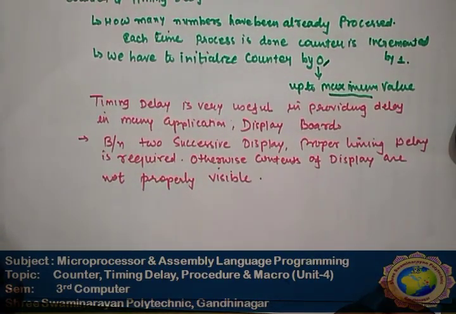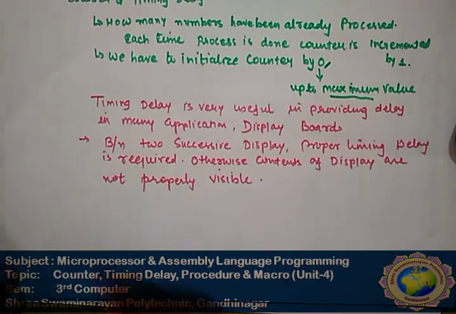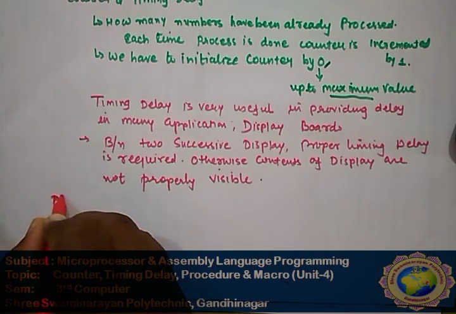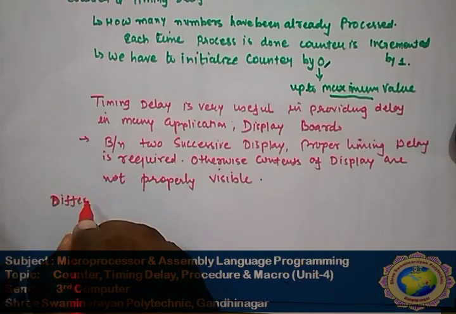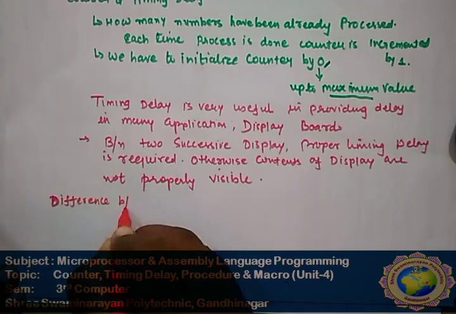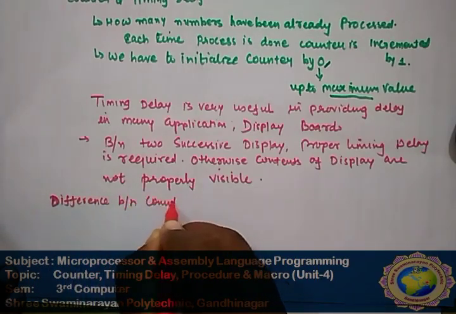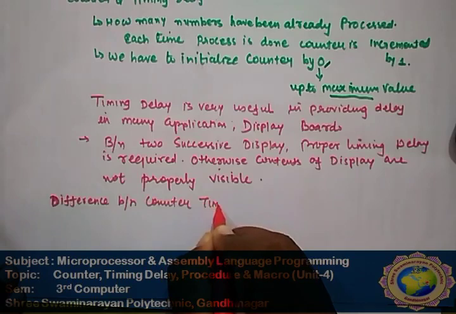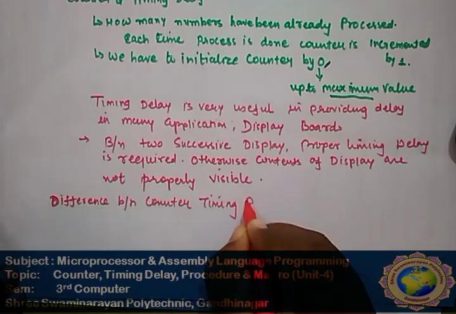A counter is also useful in accounting the number of occurrences of an event, while a delay routine provides the required time delay between two successive events. So the main difference is there. What is the difference between counter and timing delay?